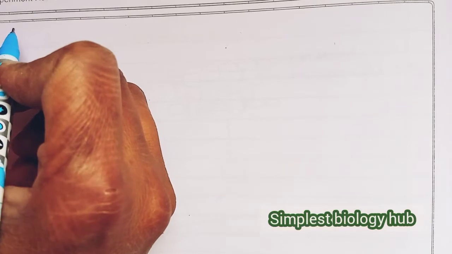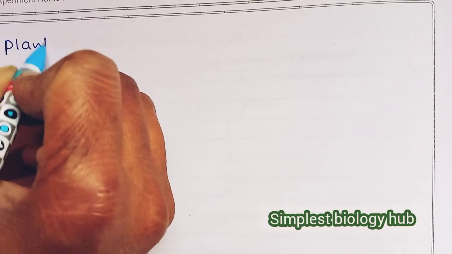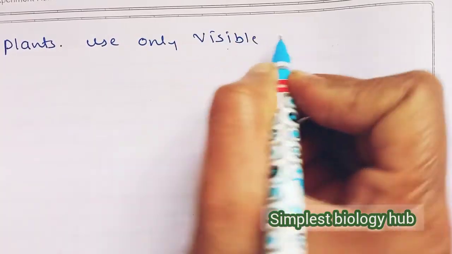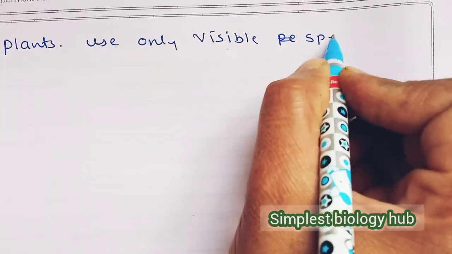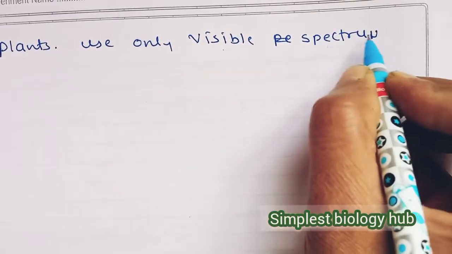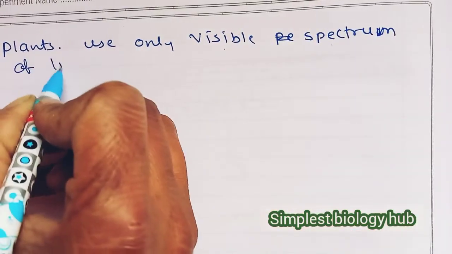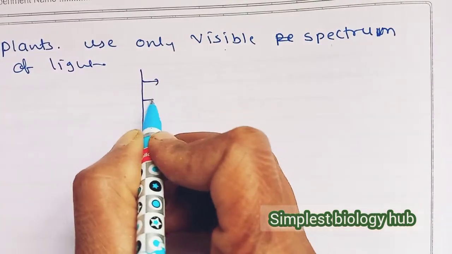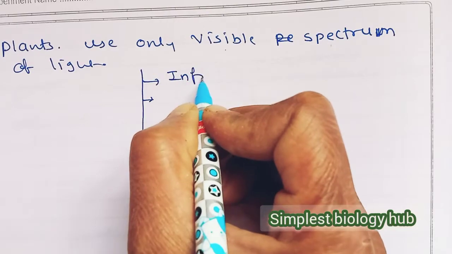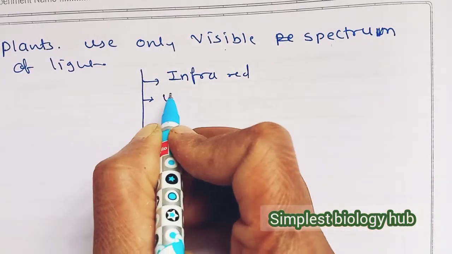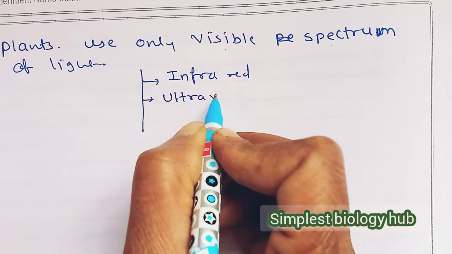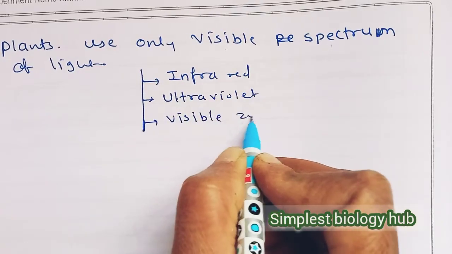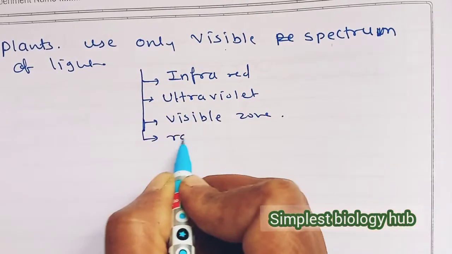One thing we also add here, plants use only visible spectrum light. After splitting of the light, we know that the light has a number of zones: the infrared zone, then the UV or ultraviolet zone, then the visible zone, and the radiation zone.